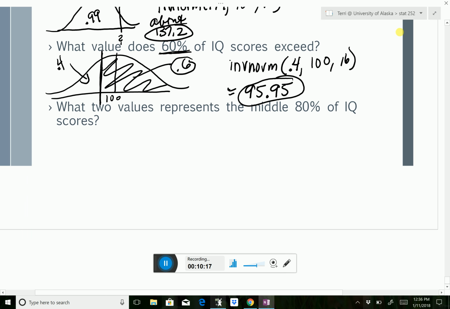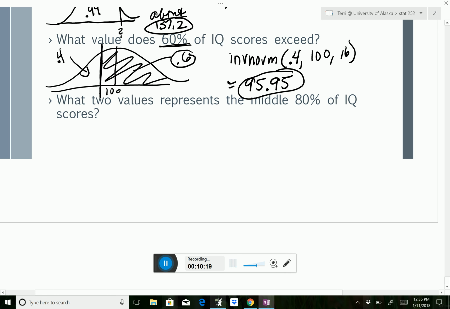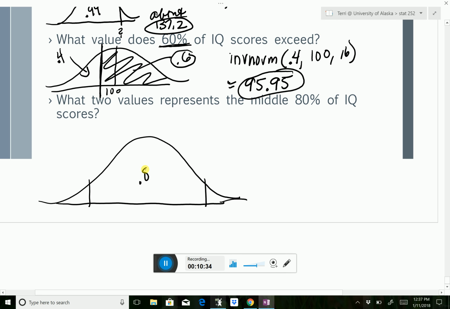So this is where things get a little more interesting. What two values represent the middle 80% of IQ scores? The middle 80%. So we want 0.8 in the middle. We're going to call this A and B. So we want to know what this A and B are, so that 80% are in the middle. Now this is symmetric about 100.